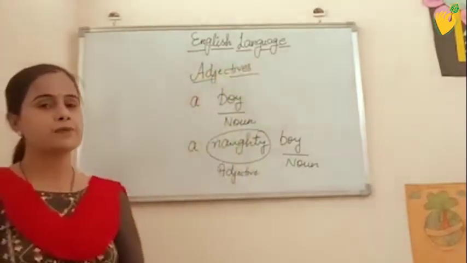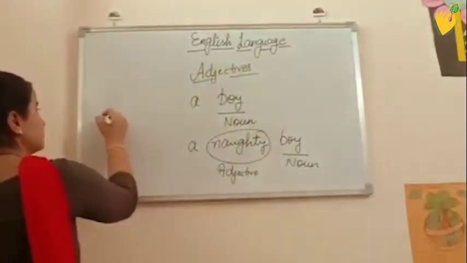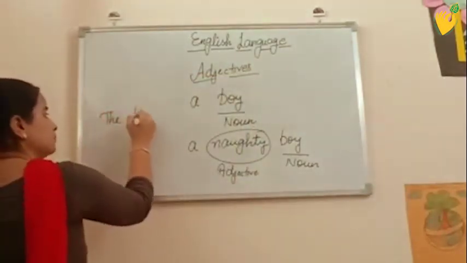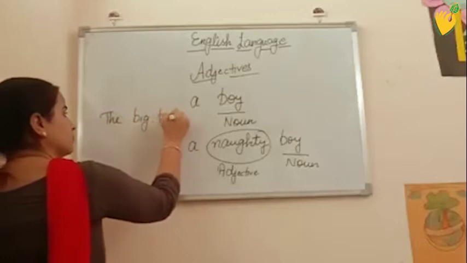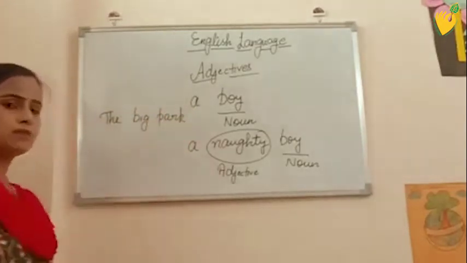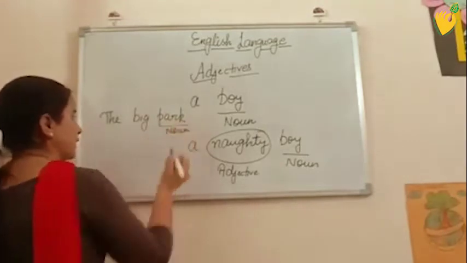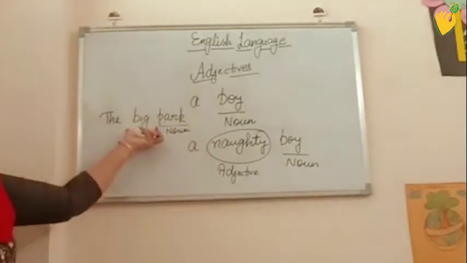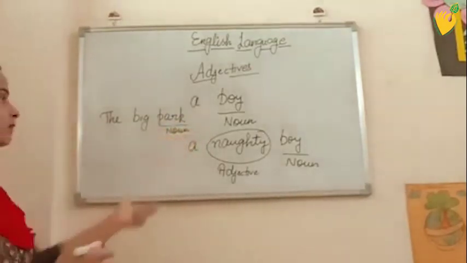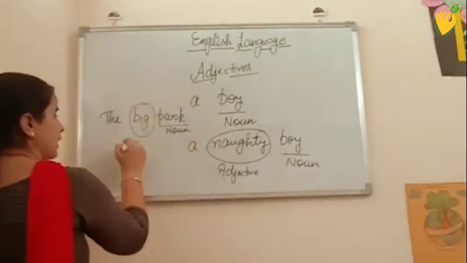Few more examples are there, like the big park. Now in this example, park is noun and big is giving additional information about this noun word. So big is adjective.